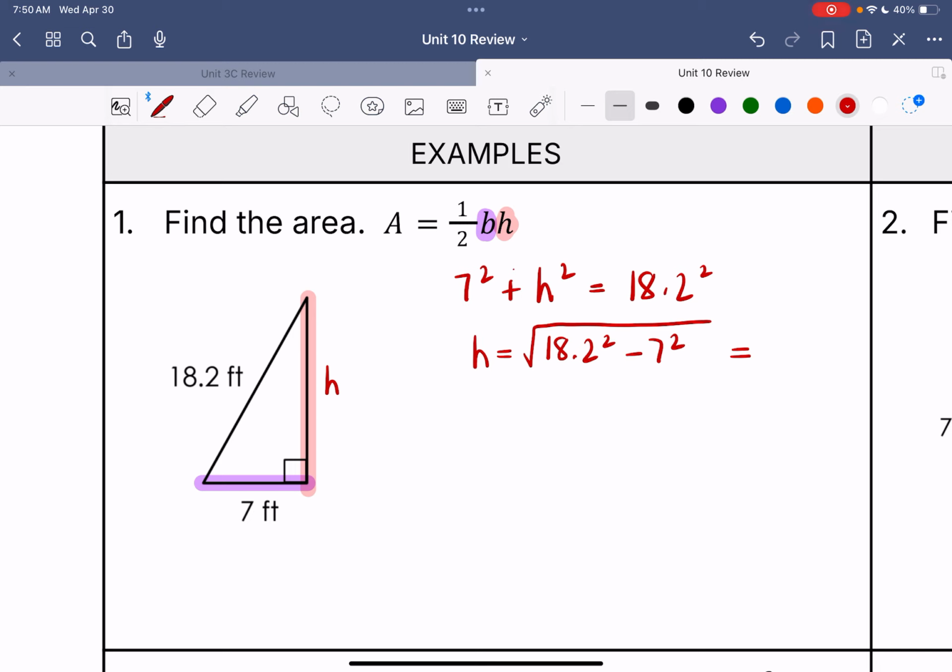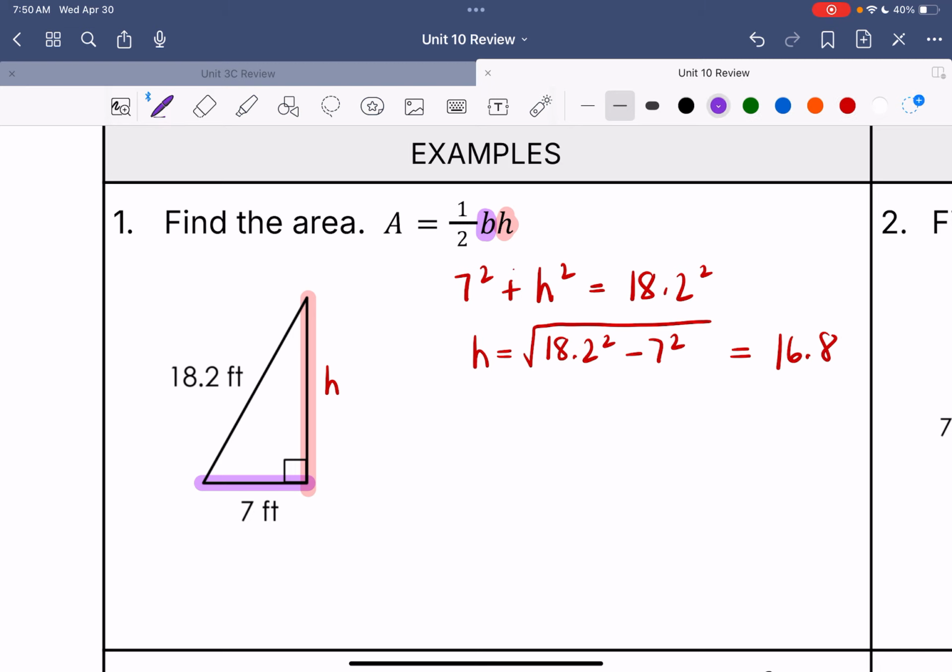Let me type this into the calculator. And I am getting 16.8. Okay, that's what we're going to use for our height.